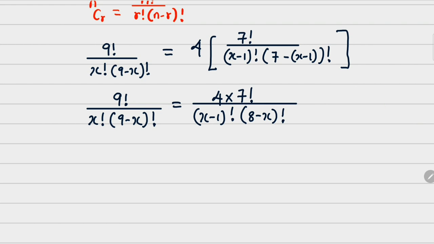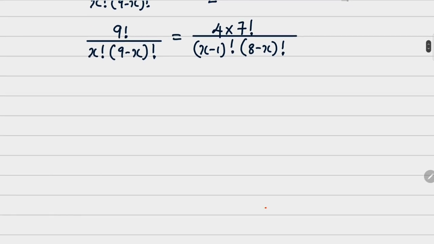Okay, we have this now. The next thing to do is to cross multiply, but to collect like terms. Okay, now what do I mean? By the time I multiply, I exchange this. Can you see?